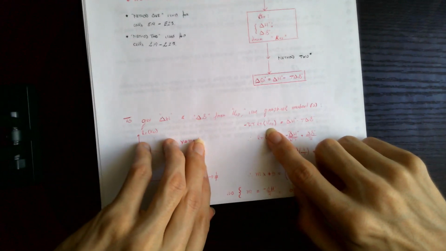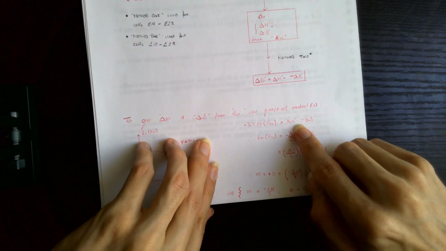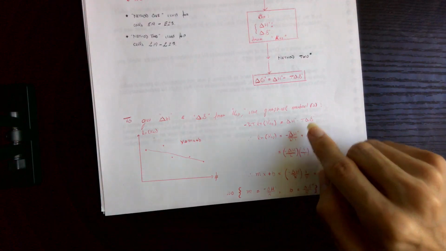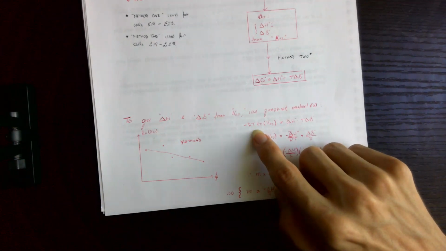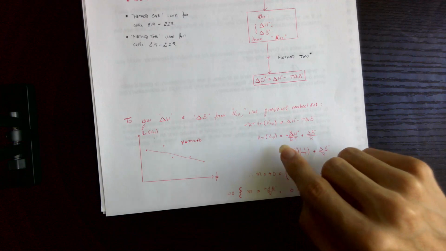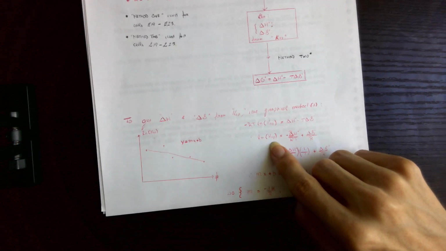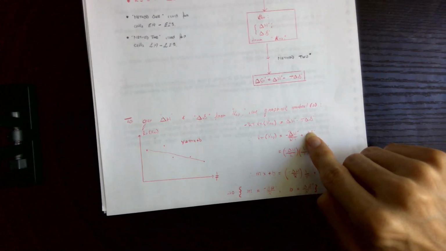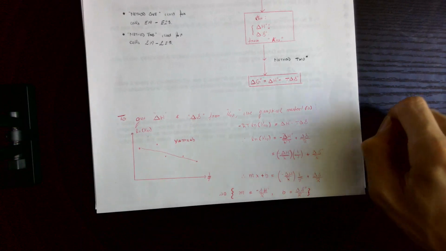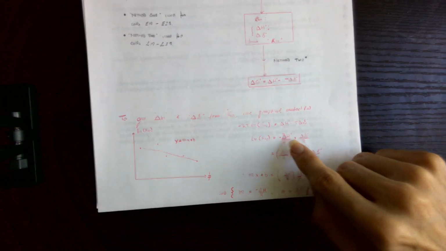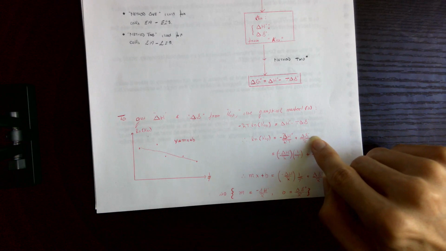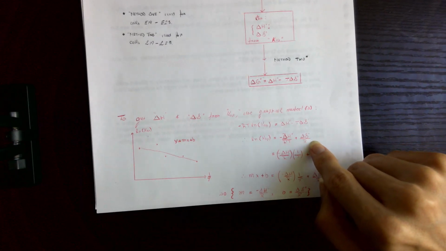So negative RT ln of KSP equals delta H minus T delta S. Okay. Then I'm just going to divide by negative RT. So that leaves me with ln of KSP on one side and all of this on the other side: negative delta H over RT plus delta S over R.